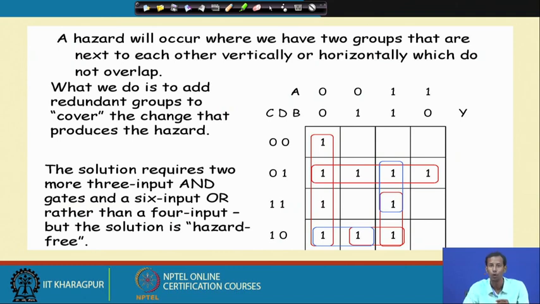So, that is why whenever you are getting a violation, that means you are getting some kind of glitch or hazard. At that time, by putting these two kinds of things you can remove the hazards.